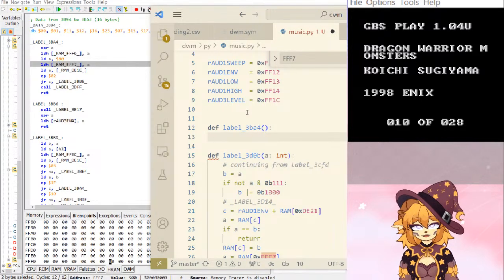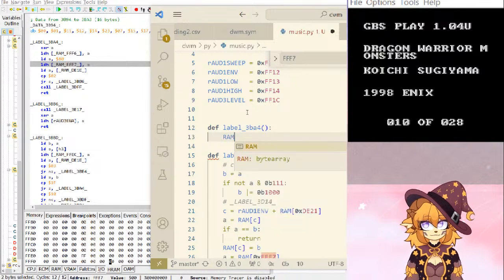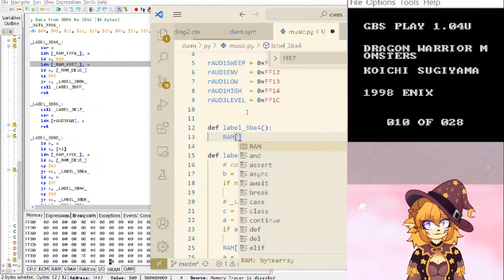Looks like this is just an initializer of some sort, though. So the other one's probably the one we want.